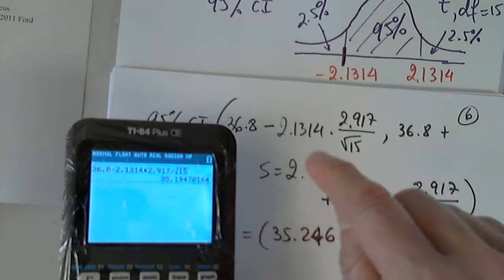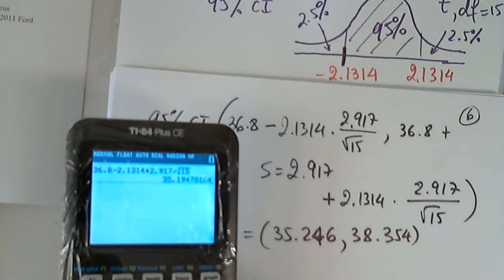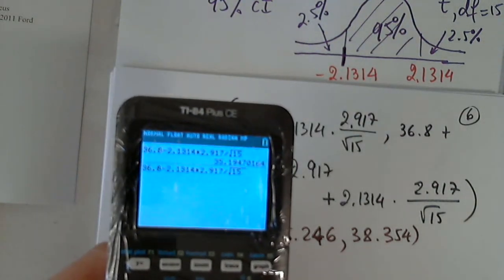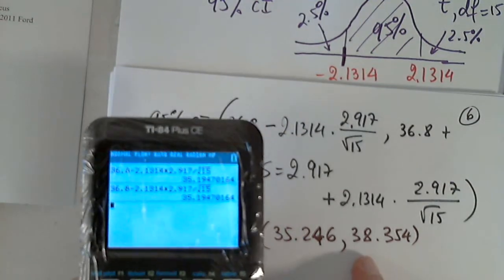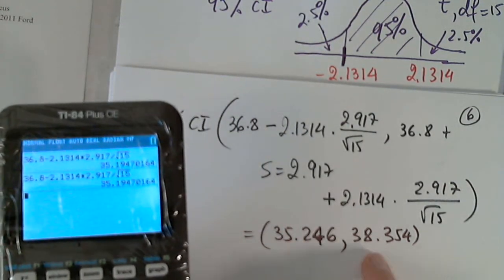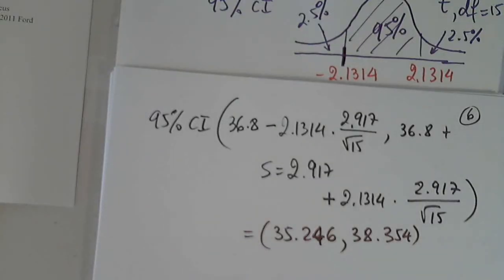As you saw, it goes 2.917, blah, blah, blah, but I cut it off after the third digit. And if I want to determine the one with plus, I just have to copy. So careful on that. Very close, but this is a better approximation from the calculator because it did not truncate the standard deviation of the sample.